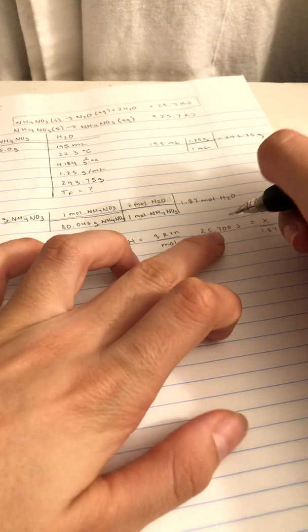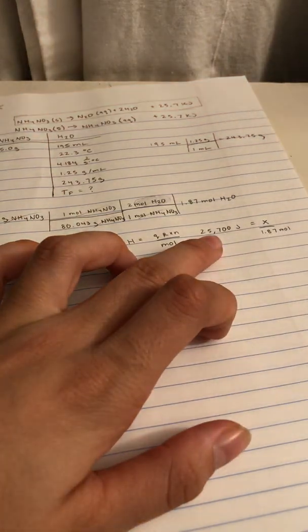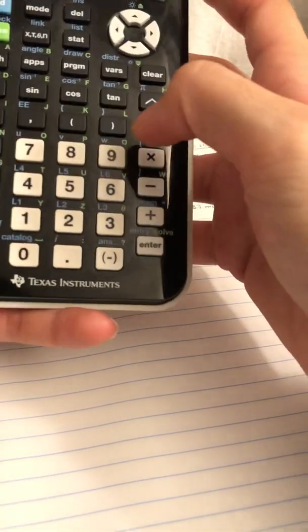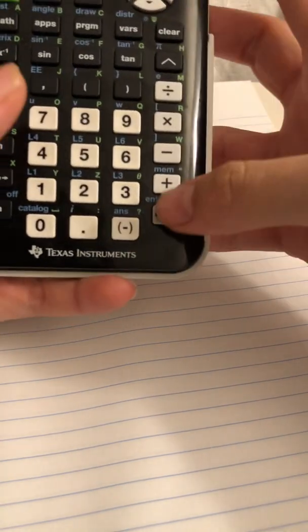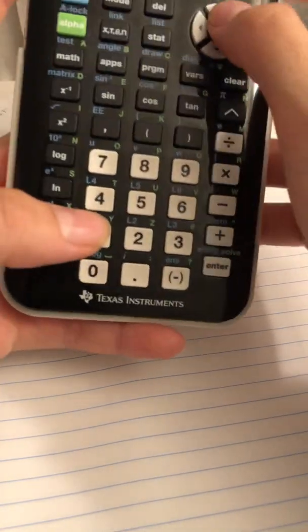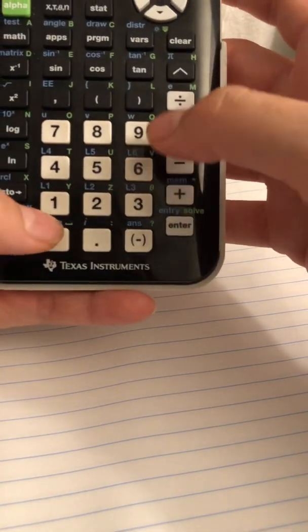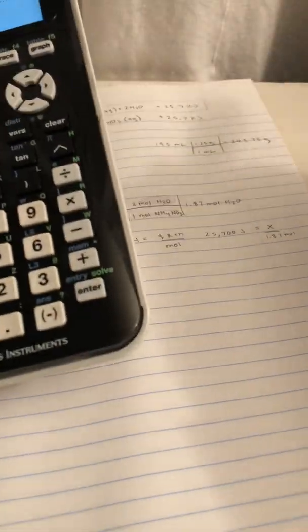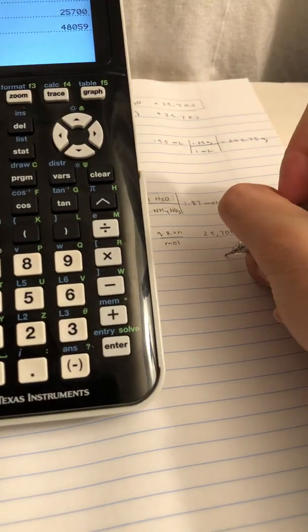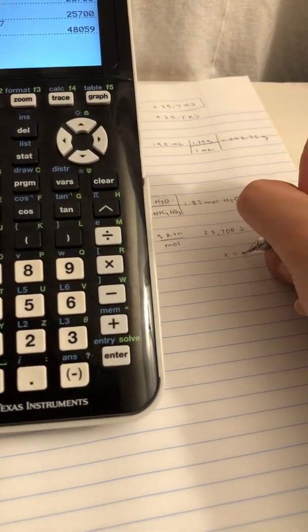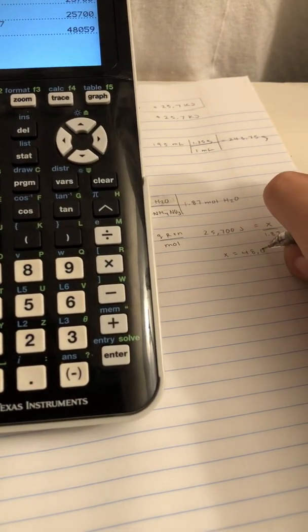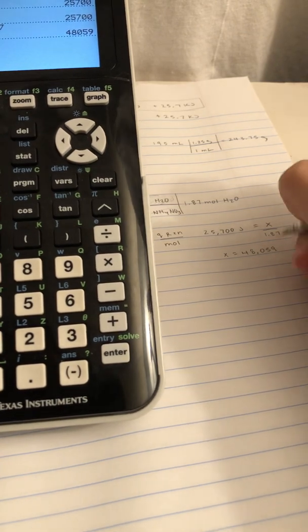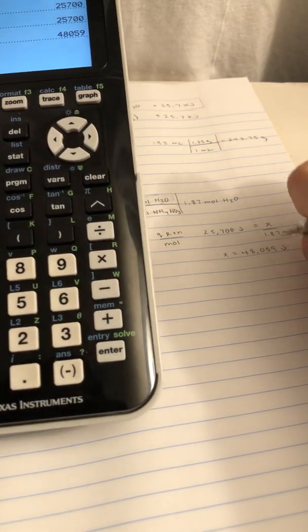And when I multiply the 25,700 by that 1.87 moles, I get that X is equal to 48,059 joules. Perfect.